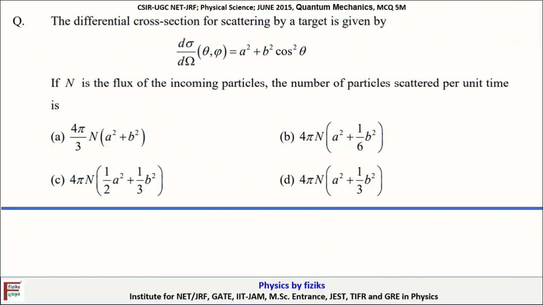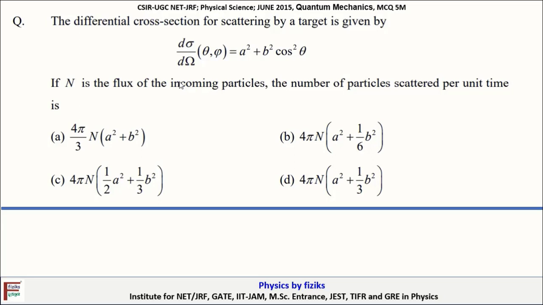This problem is related to scattering, quantum scattering. Here, the differential cross-section for scattering by a target is given by d sigma by del omega theta phi equals a square plus b square cos square theta. If n is the flux of the incoming particle, the number of particles scattered per unit time is.